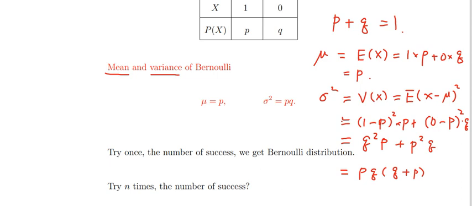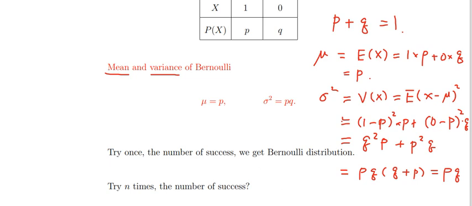Since q plus p equals 1, this equals pq, right? So for this 1-0 distribution or Bernoulli distribution, we can easily get this. Mean mu is p, and variance is pq.